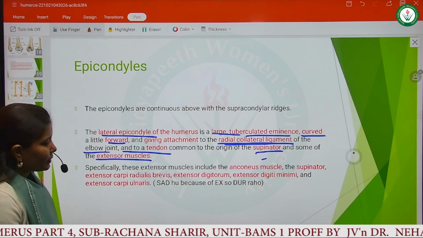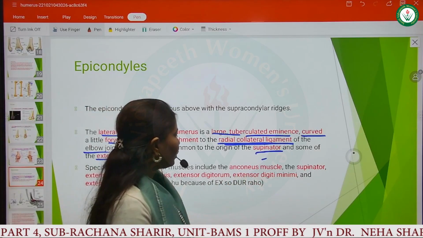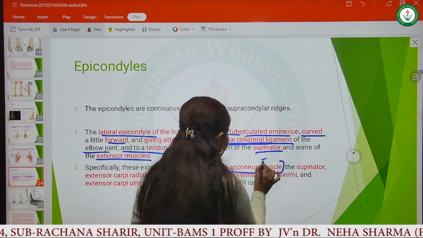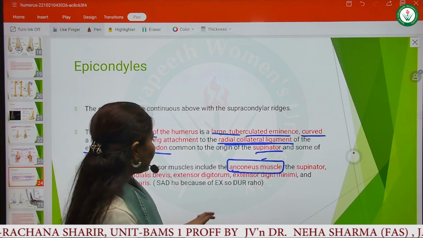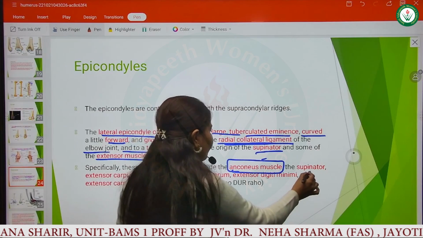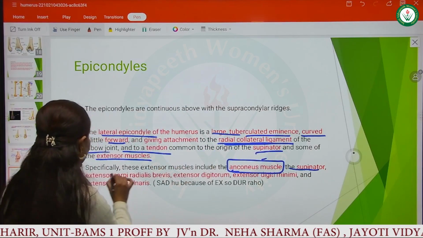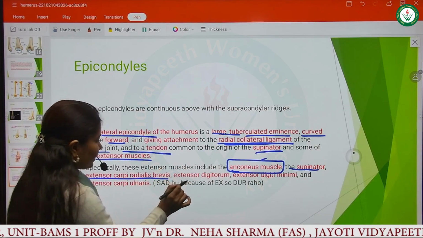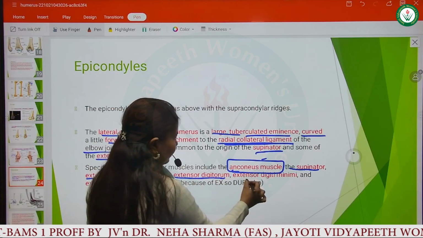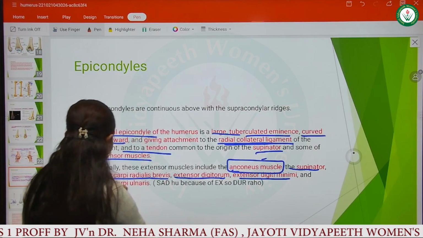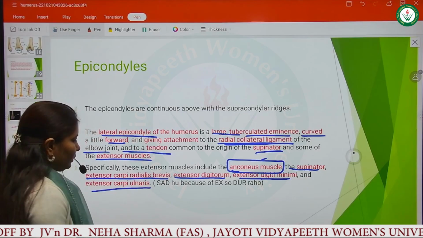Some extensor muscles are anconeus, supinator, extensor carpi radialis brevis, extensor digitorum, extensor digiti minimi, and extensor carpi ulnaris.